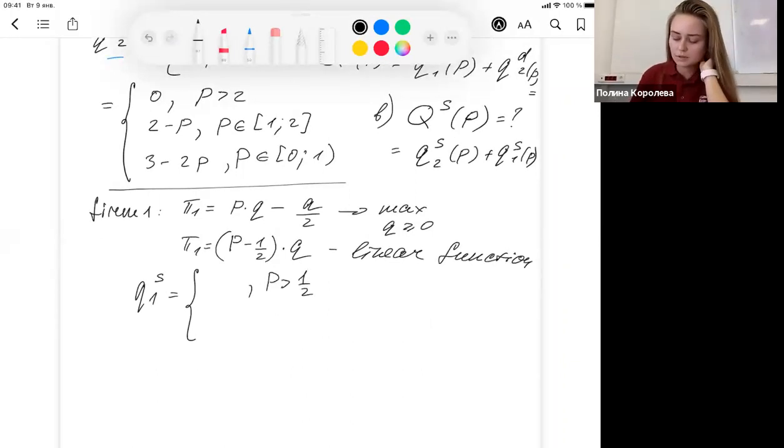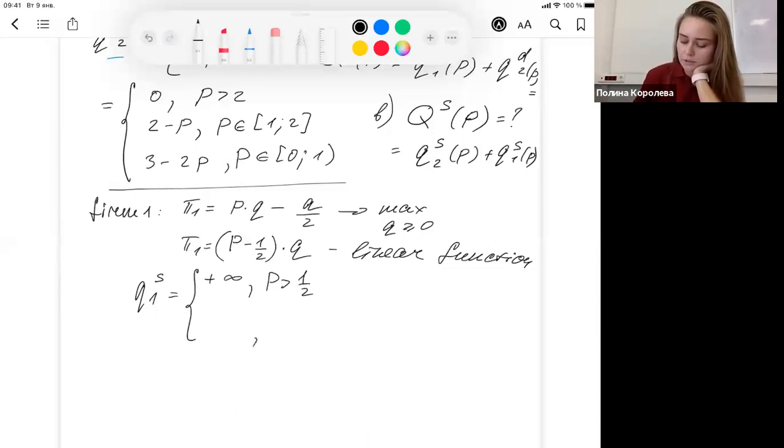So you see that we will have a linear function with positive slope. So the higher the quantity, the higher the profit. Yes. So what will be our choice of quantity that we will produce? We want to produce more and more. Yes, because if we produce more, our profit increases. So here will be plus infinity.